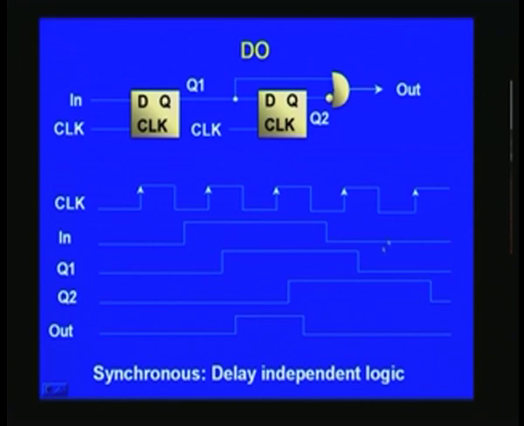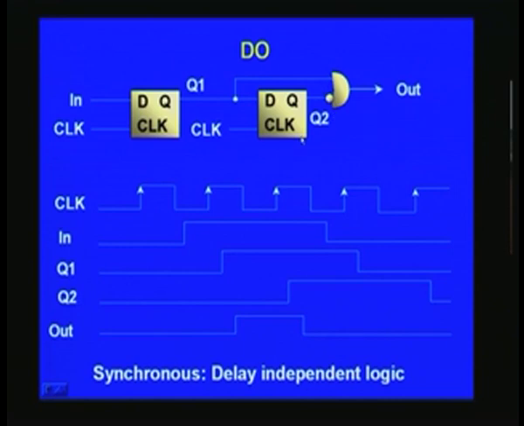This in turn is applied to another flip flop, and that output is also a delayed output of this particular Q1, and once again we get it here in this fashion.